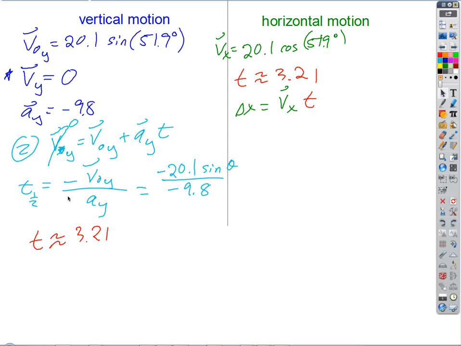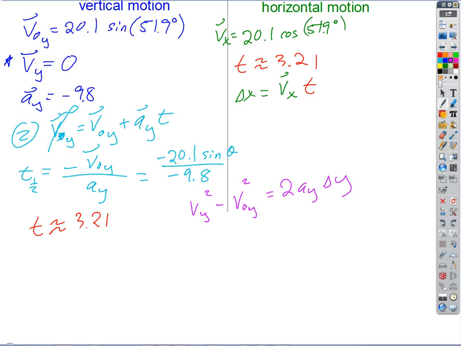If I use the bottom one, for example, what's that going to look like vertically? That's going to look like v sub y squared minus v naught sub y squared equals 2 a sub y delta y, right? And the final velocity is 0 on the way up.